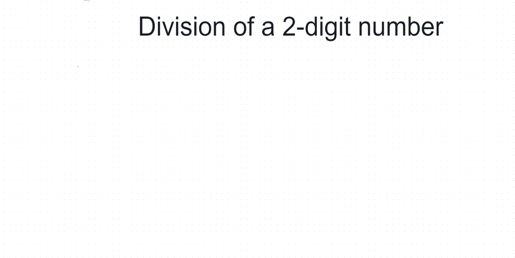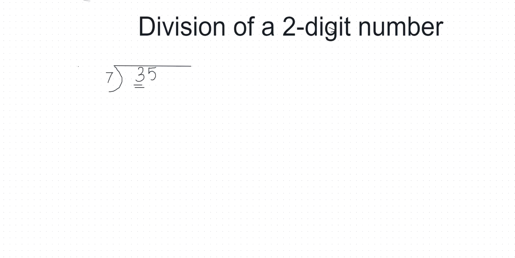Let's go for division of a larger number. Okay. When you're going to divide a two-digit number, which is going to be the dividend, and the divisor is, for example, 7. So first, look at this digit. This is 3.